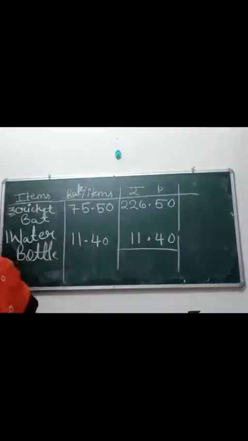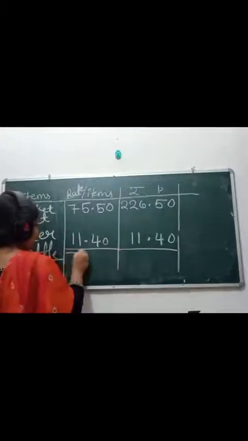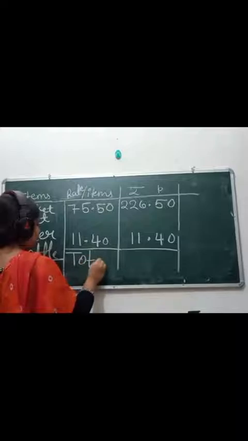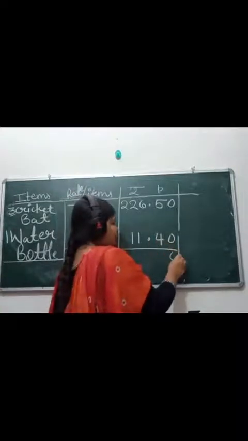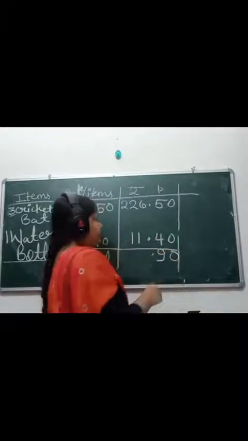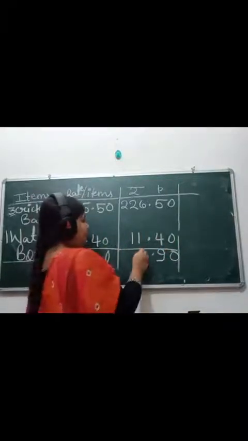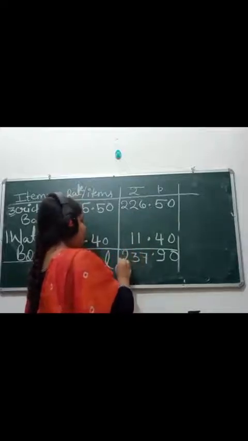At last we will make a column of total. Let us add. 0 plus 0 is 0, 5 plus 4 is 9, 6 plus 1 is 7, 2 plus 1 is 3 and 2.